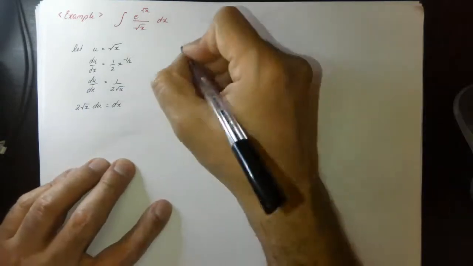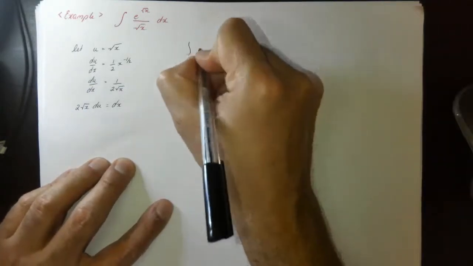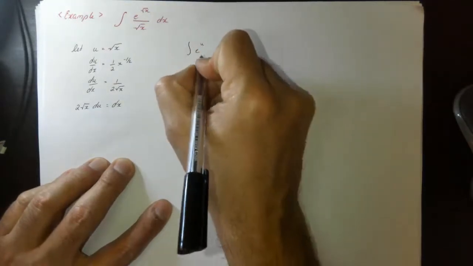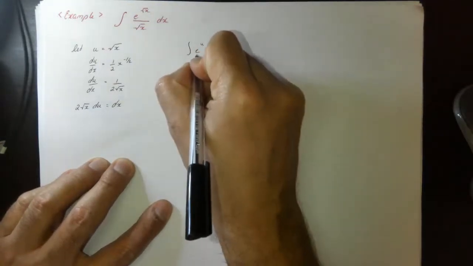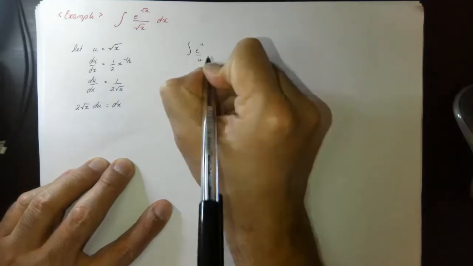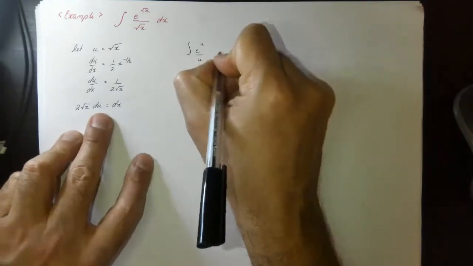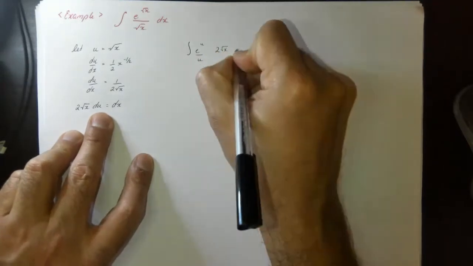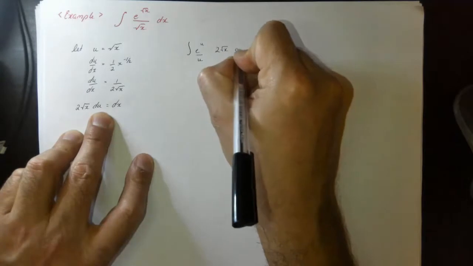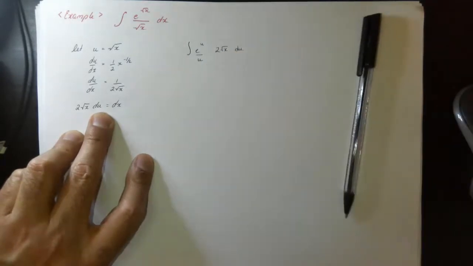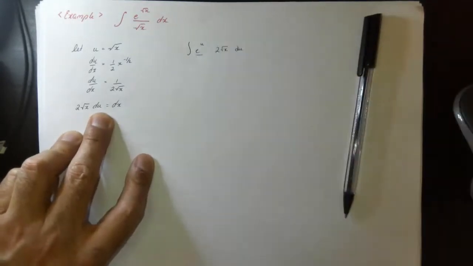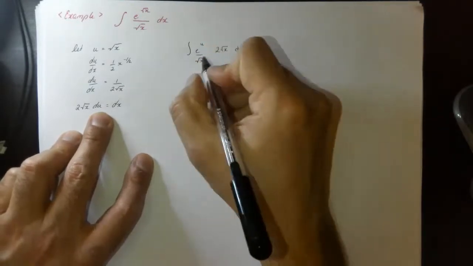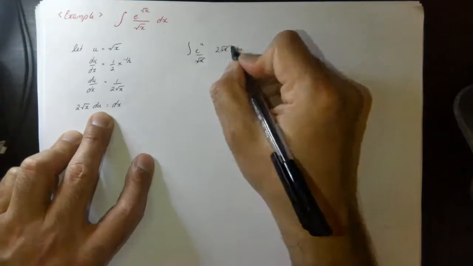Okay, so we're going to integrate, so that's going to be e to the u divided by square root x, and dx is 2 square root x du. So maybe what I'll do is leave that as square root x, because that will cancel out this.